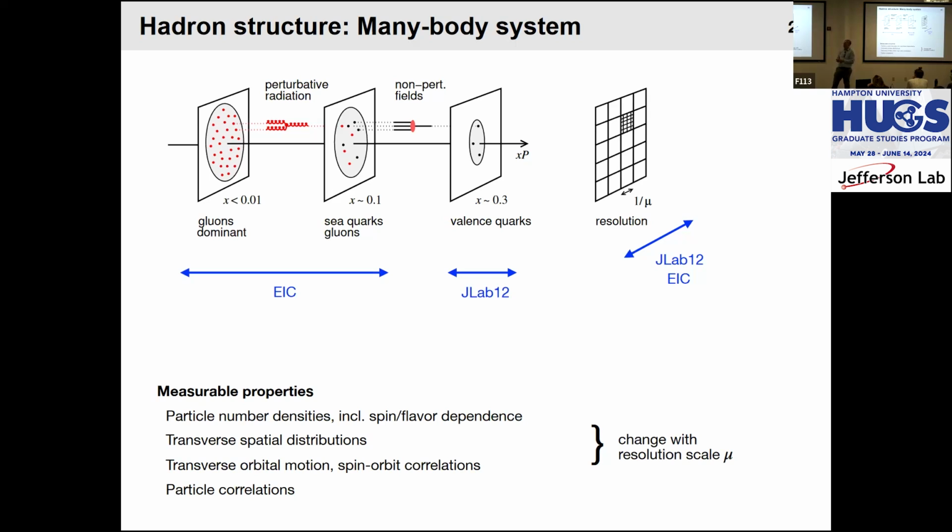Now, how effective this asymptotic expansion is for real life situations, that's a practical question. It can be that a term which is formally leading in mu square over Q square and is calculable exactly could be numerically small compared to some term that is formally down in 1 over Q square, but numerically large for all practical purposes.